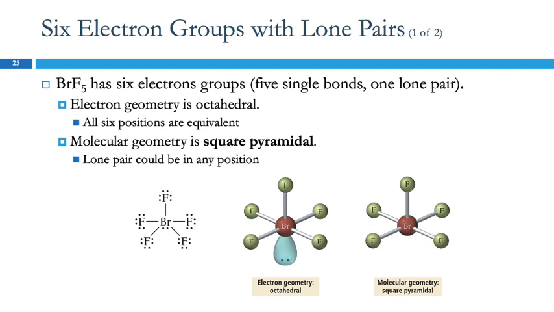The Egyptian pyramids are going to be like that. Square base, as opposed to the trigonal pyramid, which had a triangle base. This has a square base. Okay?